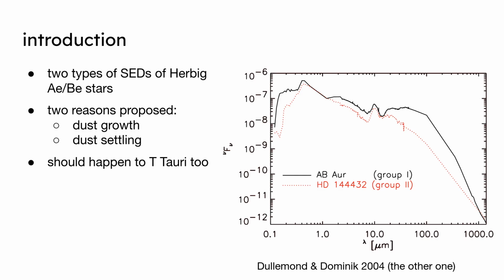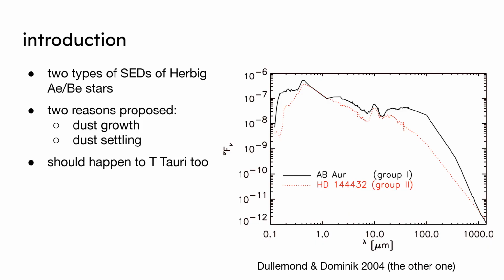But in this paper, they explore the effects of dust settling onto SEDs, but of T Tauri stars, where it should happen as well. But I suppose that at the time, they did not have such a good sample of T Tauri SEDs, mostly because of the sensitivity issues. Herbig stars are huge, luminous, it's easier to observe them.